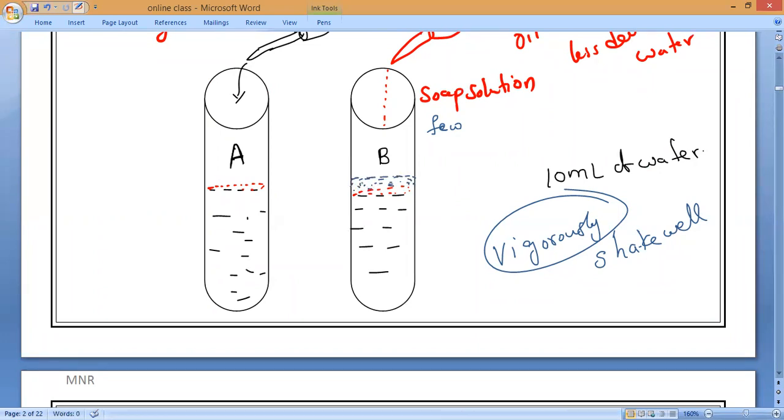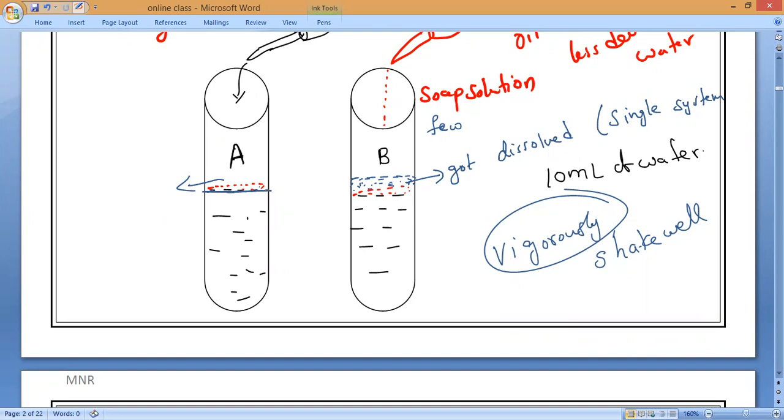So observe. Now, the oil and soap solution are shaken. Both got dissolved. Here we will observe the oil is dissolved in the soap solution and they form a single system, meaning there is no separate layer. A single system or single layer will be there. Now, if oil and water are shaken in a test tube, even for half an hour, and we leave it, you can still see two different layers.